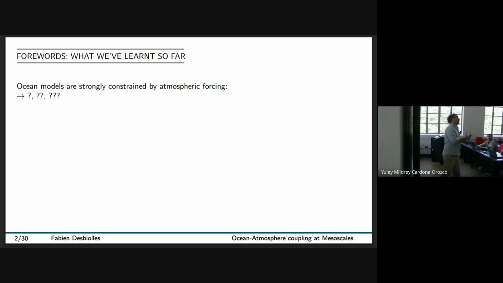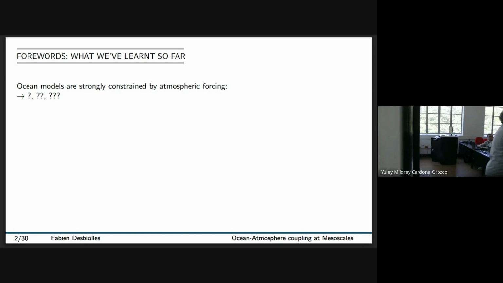Tides. No, let's say tides, well, it's a forcing as well, you're right, but you can run an ocean model without tides, okay? So it's not mandatory.